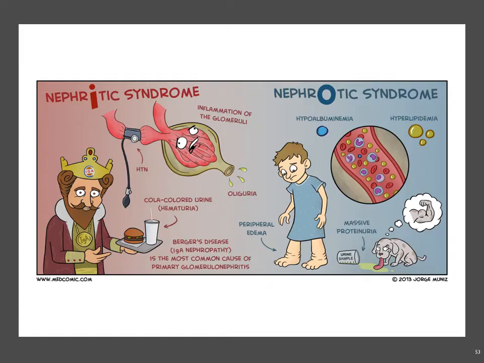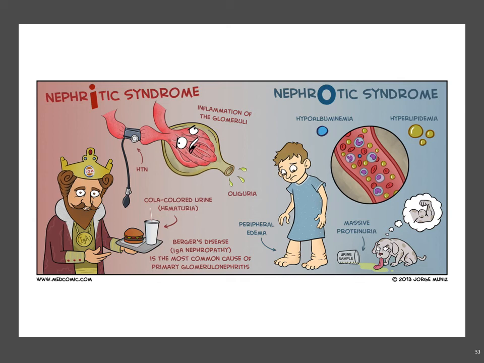So this is the extra slide that I told you that I was adding on. If you look at this, this is also known as nephritic syndrome. With nephritic syndrome, we have inflammation of the glomeruli, which results in oliguria, hypertension, and that cola-colored urine because of the hematuria.